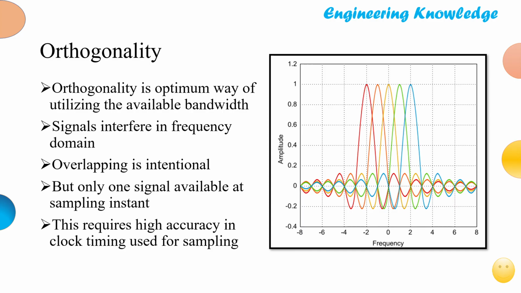So in orthogonality, you can see I just plotted frequency versus amplitude to illustrate that there can be multiple carriers which overlap, but at one sampling instant only the maximum of one carrier exists. When this point exists, there is no other signal existing at this point, all others are zero. Similarly, when we sample at this instant, only this is available, and at this only this is available.